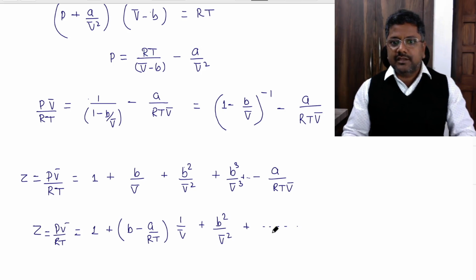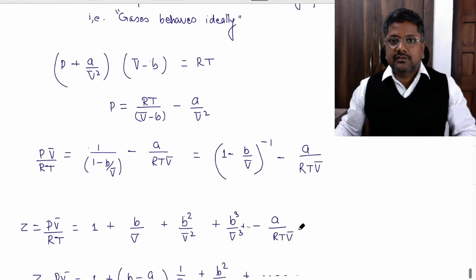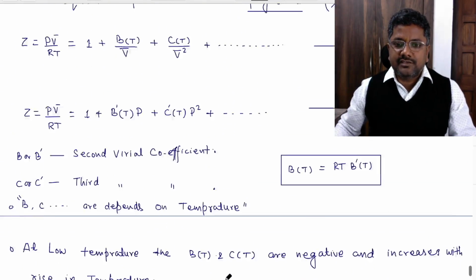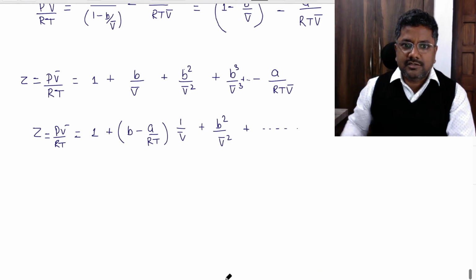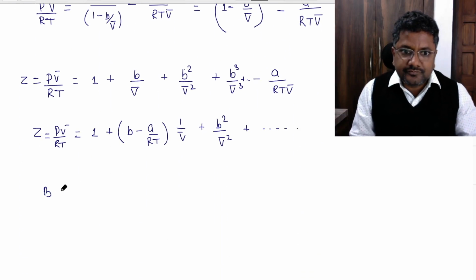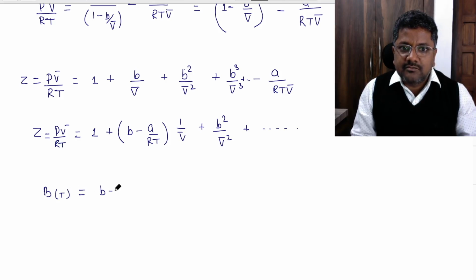If you compare this equation with the virial gas equation, then you can find that the second virial coefficient B is equal to b − a/RT.